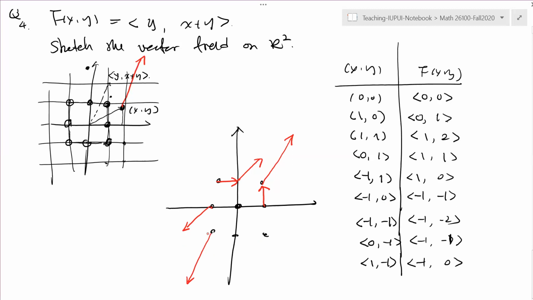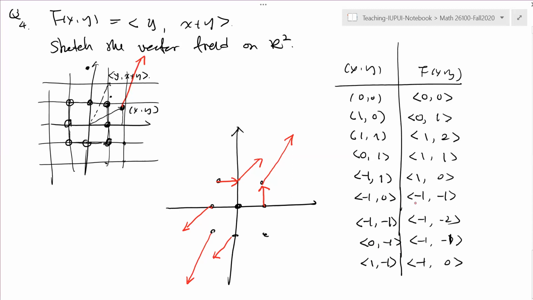Okay. And at 0, negative 1 will be negative 1, negative 1. Okay. And also negative 1, 0.